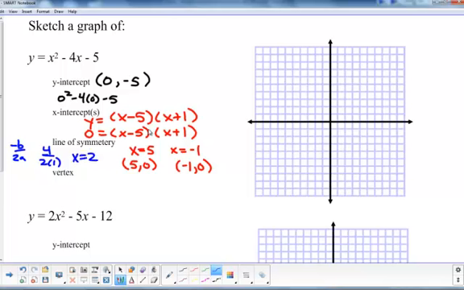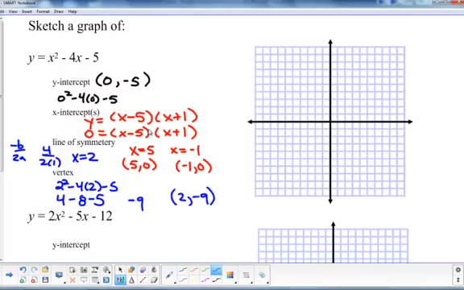And then we're going to plug 2 in. So 2 squared minus 4 times 2 minus 5 is 4 minus 8 minus 5, which is negative 9. So our vertex is the point (2, negative 9).